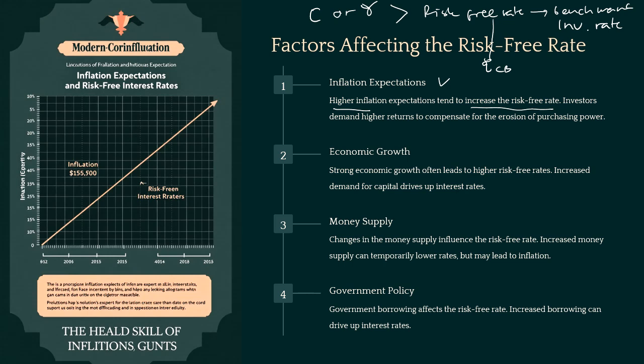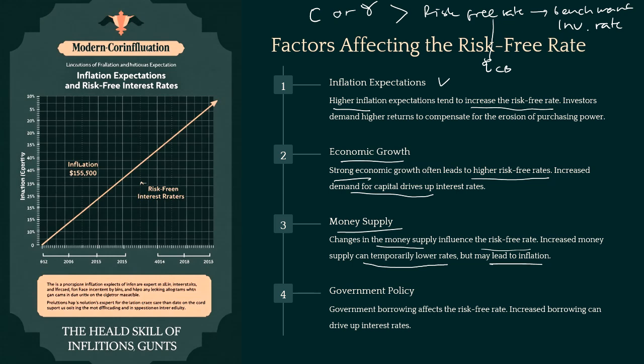Now, the second factor is economic growth. Strong economic growth often leads to higher risk-free rates, as the increasing demand for capital drives up interest rates. Third one, money supply, where a change in the money supply also influences the risk-free rate, because an increasing money supply can temporarily lower rates but may lead to inflation.